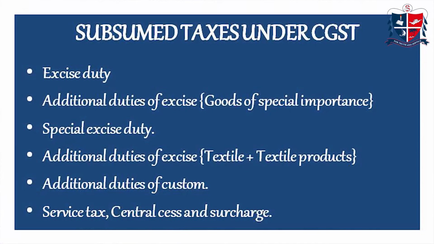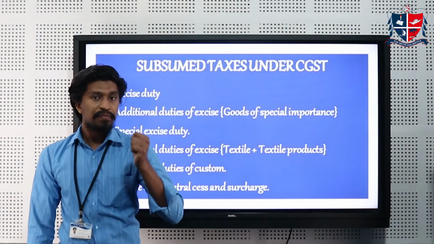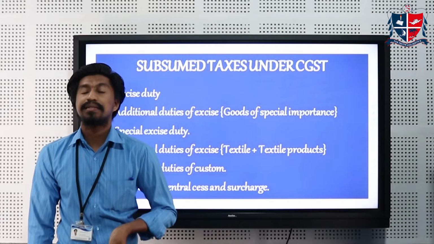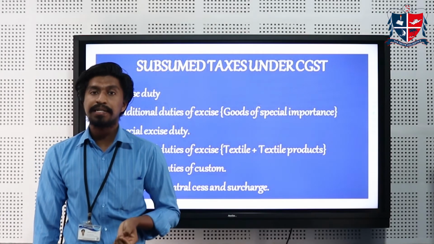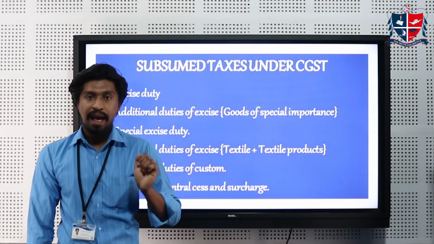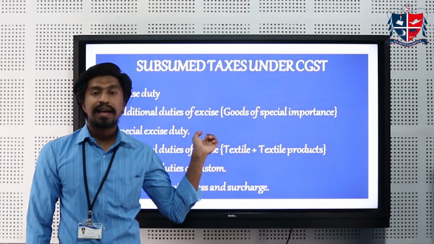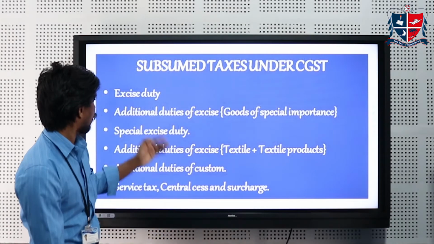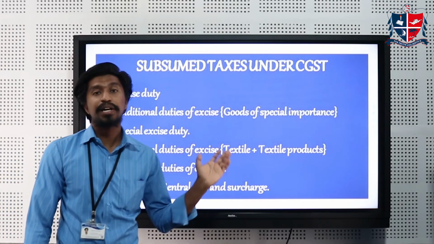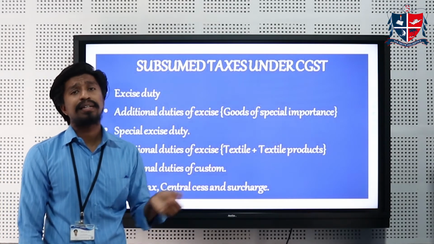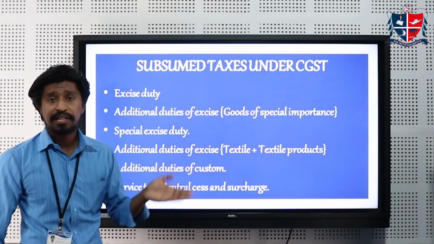Okay. So what all taxes were subsumed under CGST? Because CGST is a kind of GST handled by the central government. So the central government, at the central level, has decided to subsume these kinds of tax elements under it, followed by excise duty, additional duties of excise, special excise duty, or the additional duties of customs.